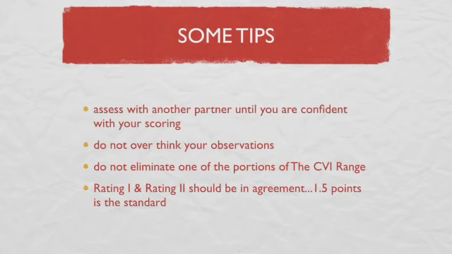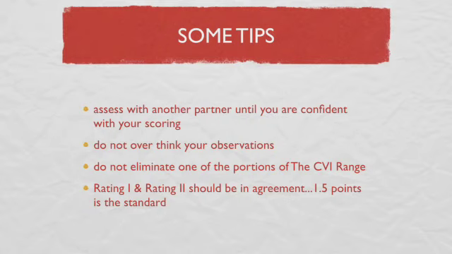So here are some tips about doing the range. One thing I suggest is that you assess with another partner until you're confident with your scoring. This is really similar to doing any functional vision assessment: we're all a little uncomfortable at first with any new kind of test.